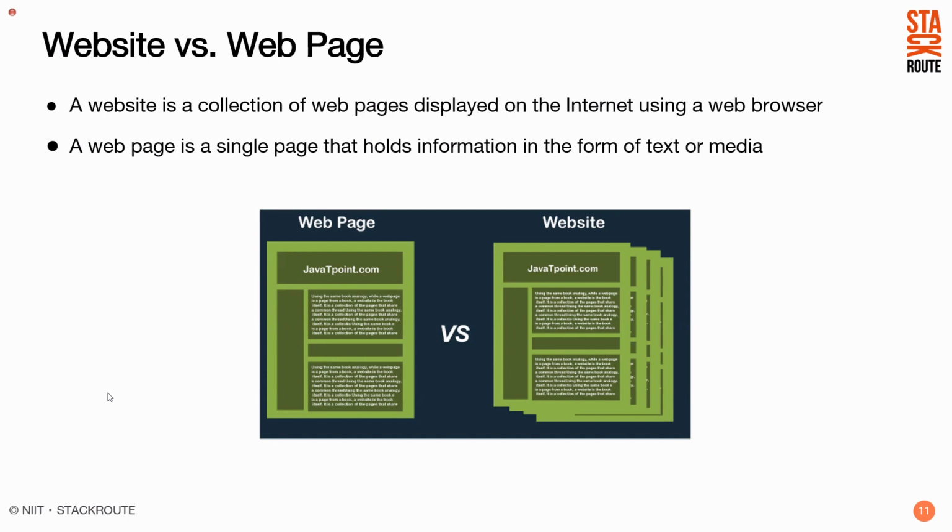A web page is a single page that holds information in the form of text or media. One single page which we are viewing and which has certain content is called a web page, but the collection of all the web pages together falls under the category of website.